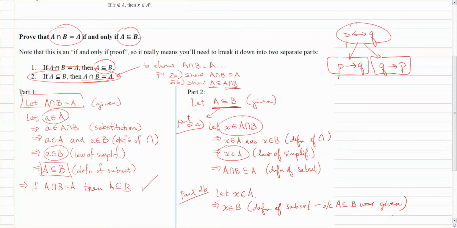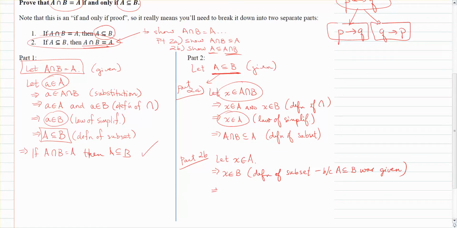Okay. Let's see. Well, X is in A then, and X is in B. That's actually given as well, because we have both of them. Well, actually, I don't know. It's not really given, I suppose.